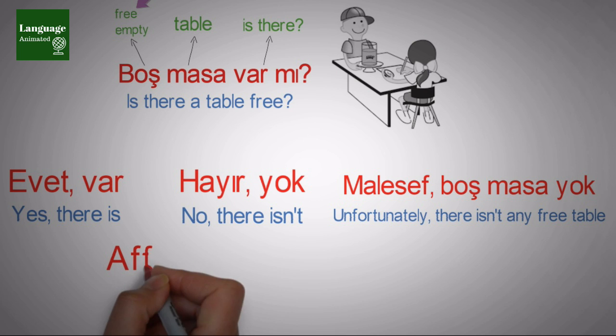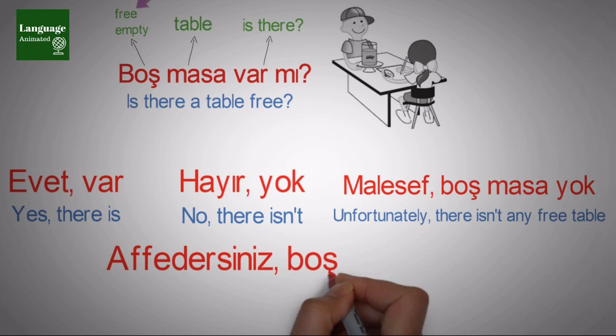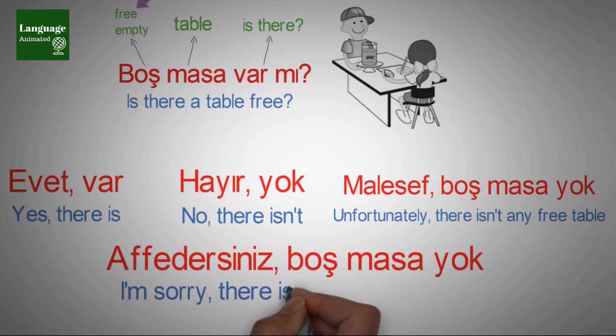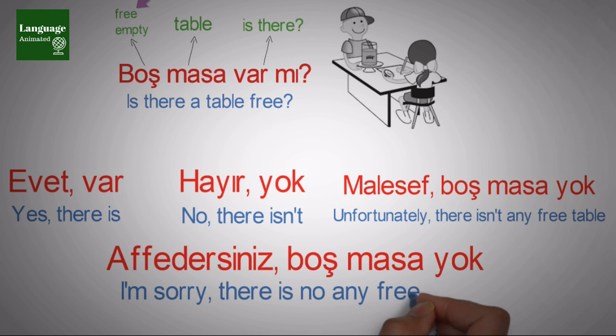Or maybe they will say affedersiniz boş masa yok. It means excuse me or excuse us, or I'm sorry there is no free table. Okay? So affedersiniz bugünlük bu kadar. I mean excuse me or sorry or pardon, it's enough for today.